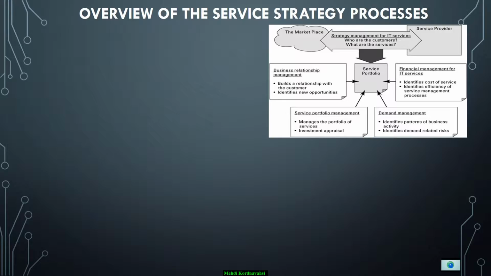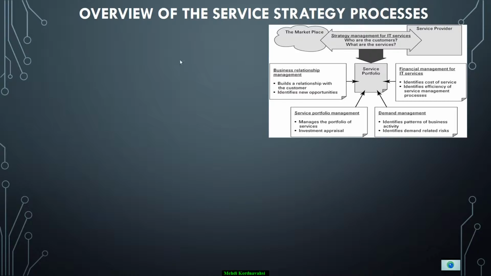You don't perform each process in isolation. You coordinate the processes to achieve an overall aim. Take a look at this picture for a quick overview of the process of service strategy.